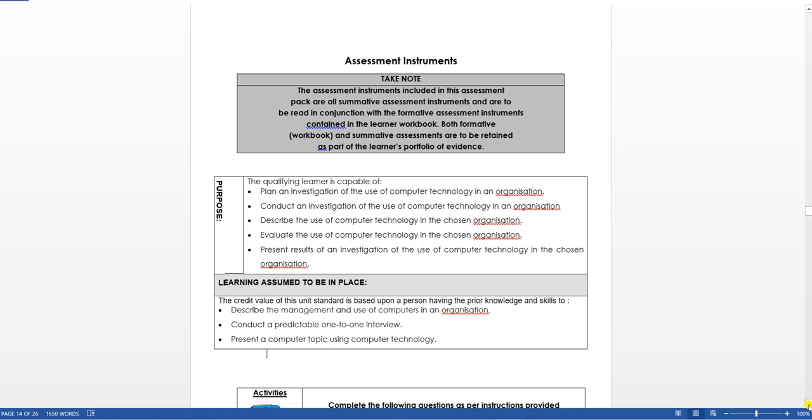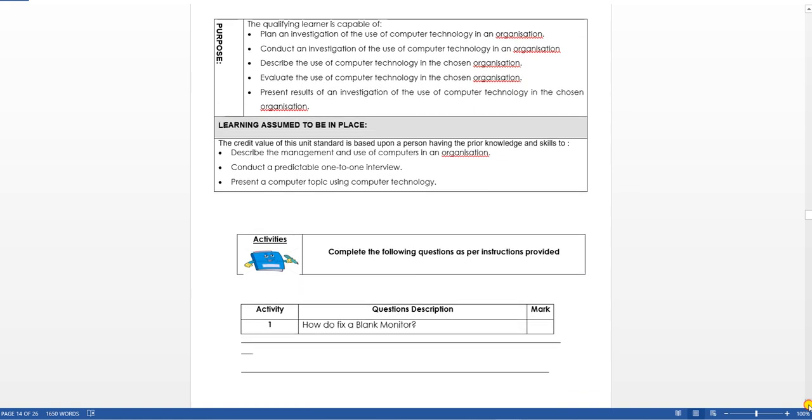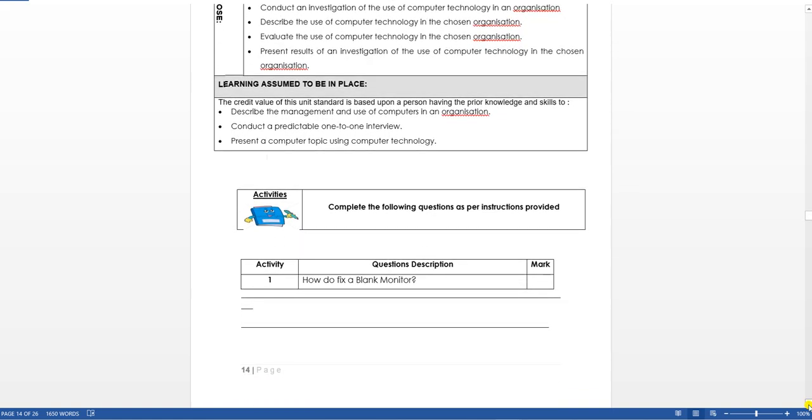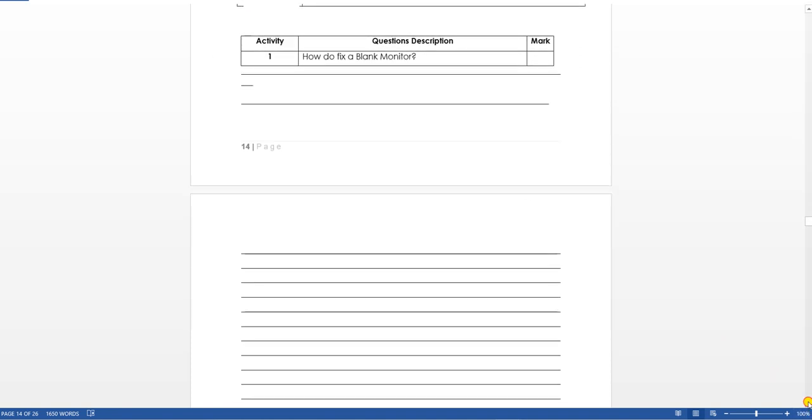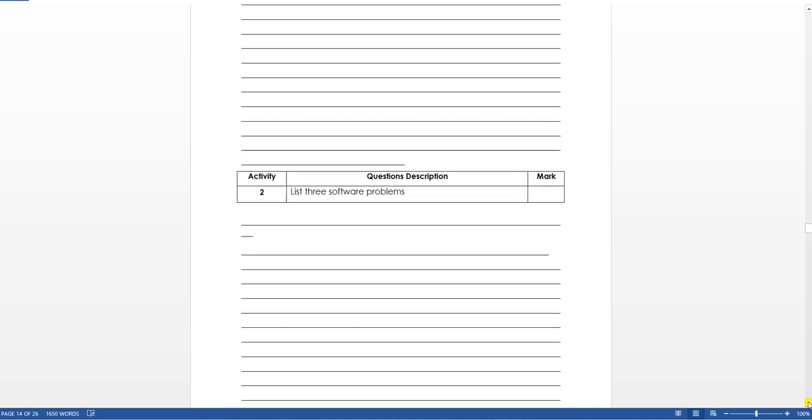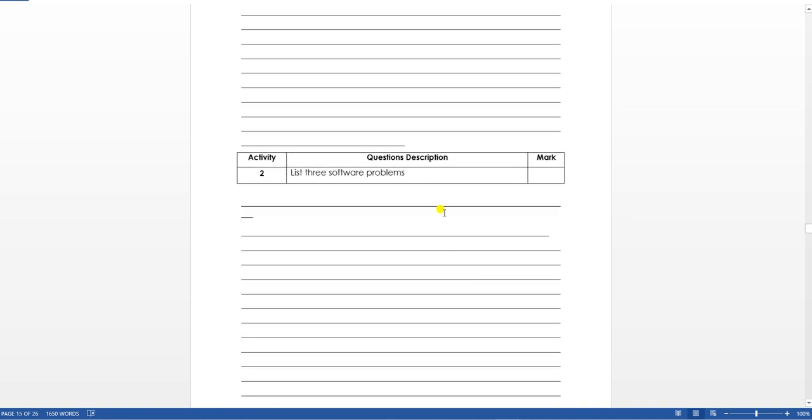So let me take you through the new additions to the assessment or questions rather. So for activity 1, the question is, how do you fix a blank monitor? That's for activity 1. And also for activity 2, you need to list 3 software problems.